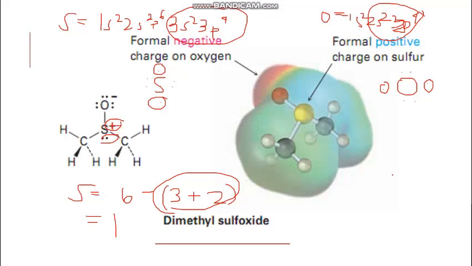Now, sa oxygen naman is how many valence electrons? 6 minus how many number of bonds? 1 plus how many non-bonding electrons? 1, 2, 3, 4, 5, 6. So, that's 6 minus 7 is equals to negative 1. So, magkakaroon siya ng negative charge.